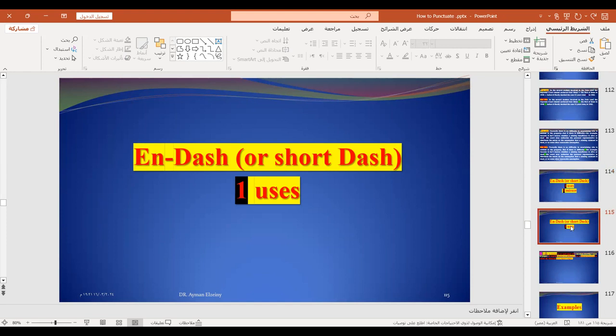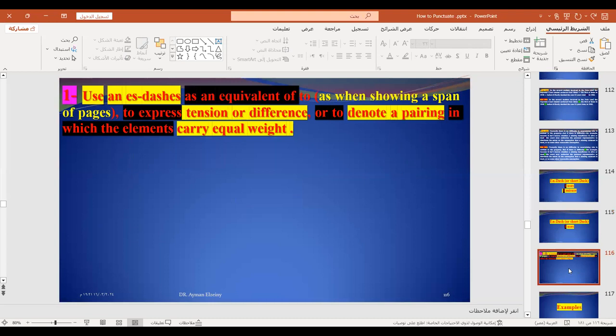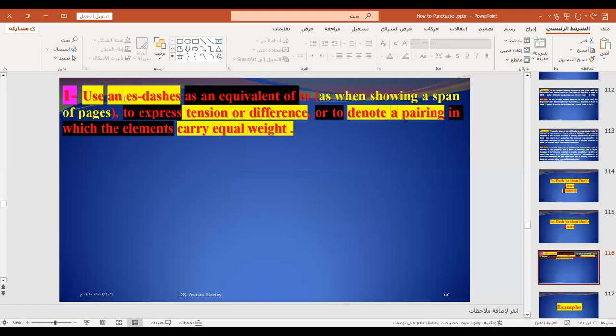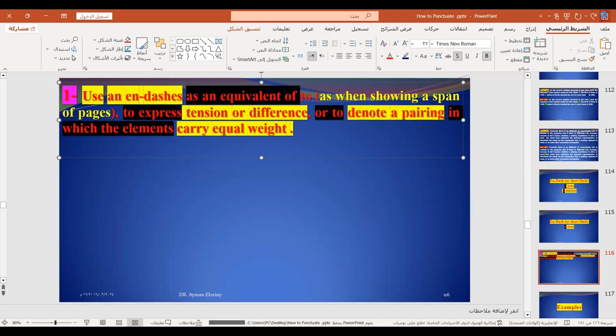The uses of the en dash: use the en dash as an equivalent of "to" when showing a span of pages, to express tension or difference, or to denote a pairing in which elements carry equal weight.